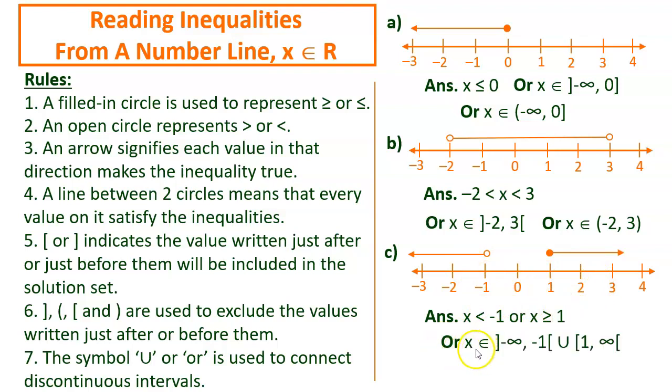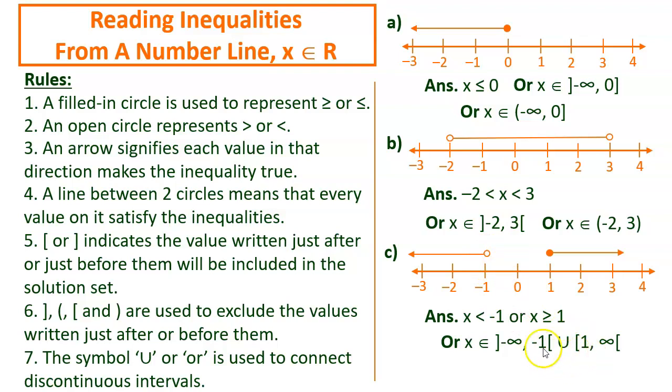Or else, what can we write? x belongs to this interval. Again, since we have to have two values and the arrow is pointing towards the left, the value will obviously be -infinity, which should get excluded, and -1 is also excluded because of the open circle.